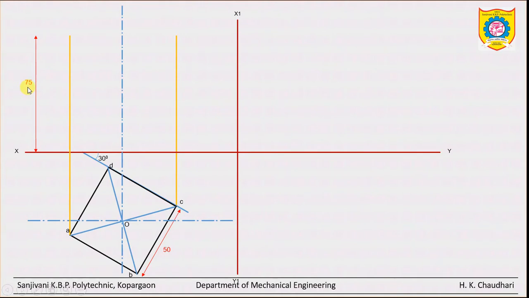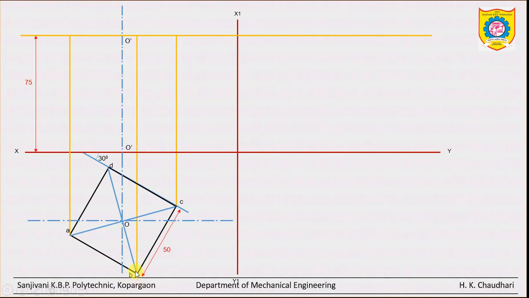Okay, so 75 is the height given and this is the top surface. Now see, point O dash at bottom and O dash same at top. This is the axis.